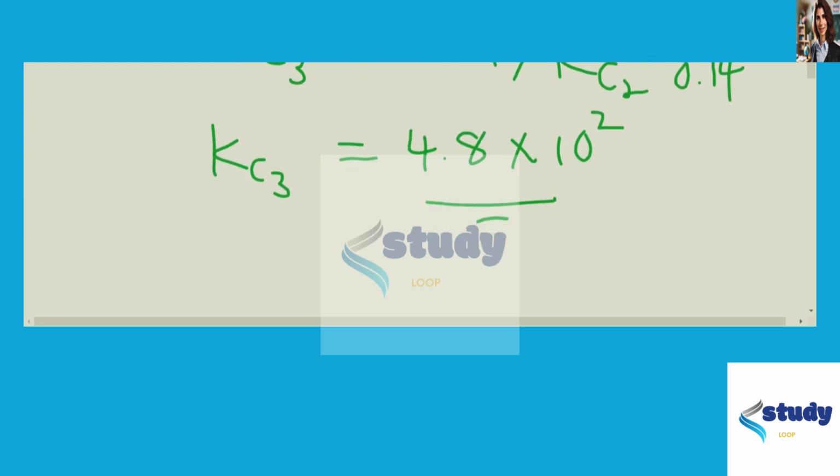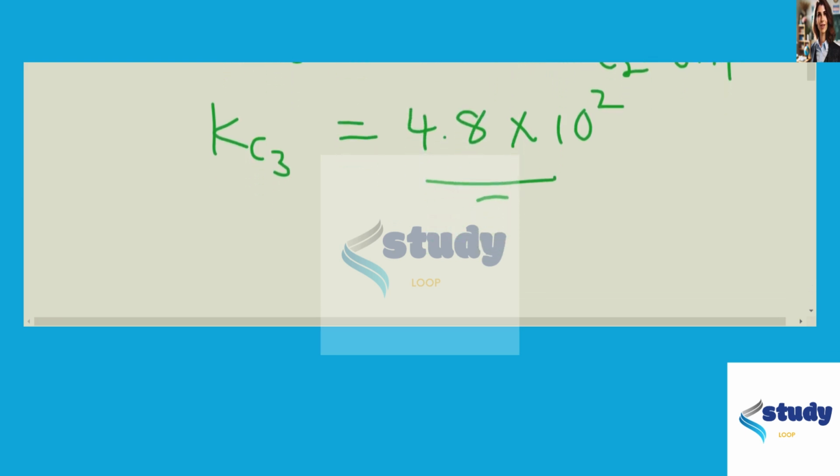So if we move on to the second part of the question, the B part of the question, this is the answer to the A part. And in the B part, we are asked to determine if carbon monoxide is a stronger reducing agent or a weaker reducing agent compared to hydrogen at 823 Kelvin. So what we have to do is compare the two equilibrium constants for the reactions that are discussed in the question.